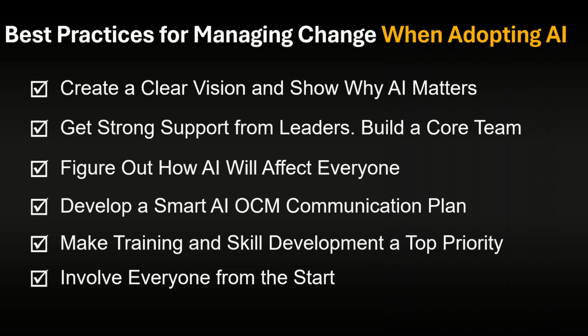Here's another important step: involve everyone from the beginning. You want to get employees, managers, and key people involved in the AI development and rollout process right from the beginning. People want change to happen with them, not to them. Obviously, you cannot include every single impacted individual at the beginning.